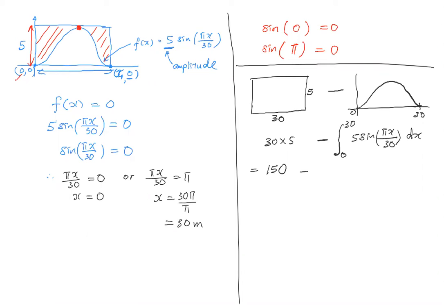Take away, now you integrate sin, what do you get? Negative cos pi x over 30 divided by pi over 30, am I right? From 0 to 30. So can I leave it to you to calculate? Yes, please do that.